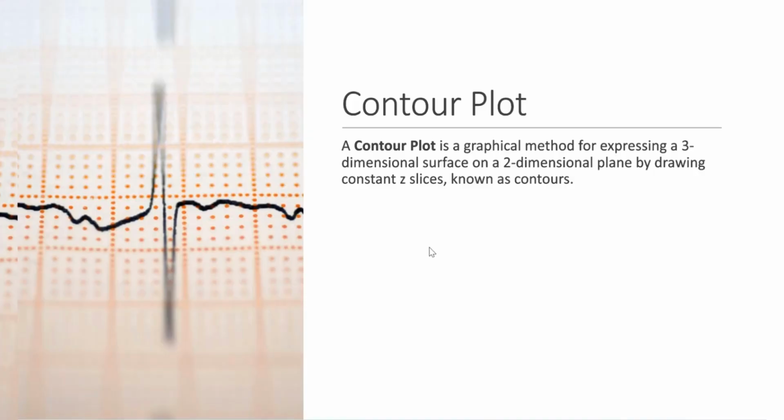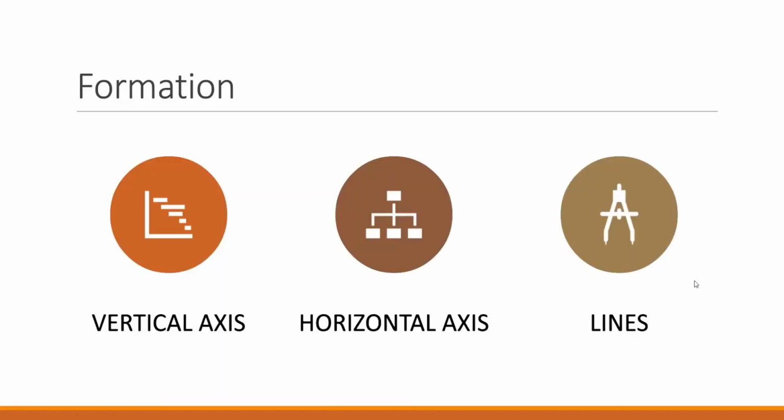In other words, you can say that it is an alternative to a 3D surface plot. And sometimes the contour plots are also known as a level plot, and these contours are termed as z slices or iso response values.